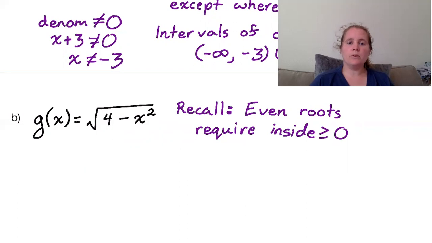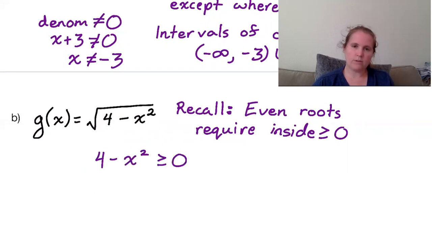So essentially, we are looking for where our function is defined. So we want to know when is 4 minus x squared greater than or equal to 0.